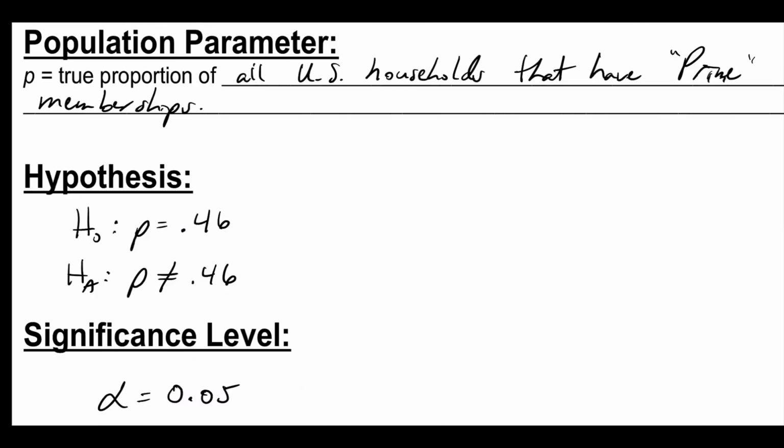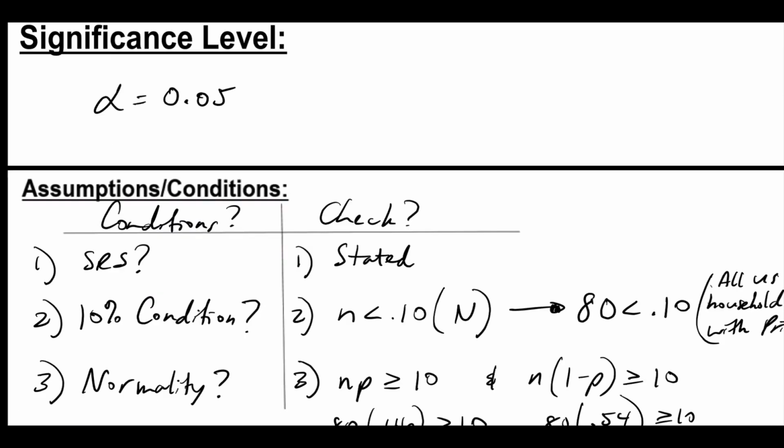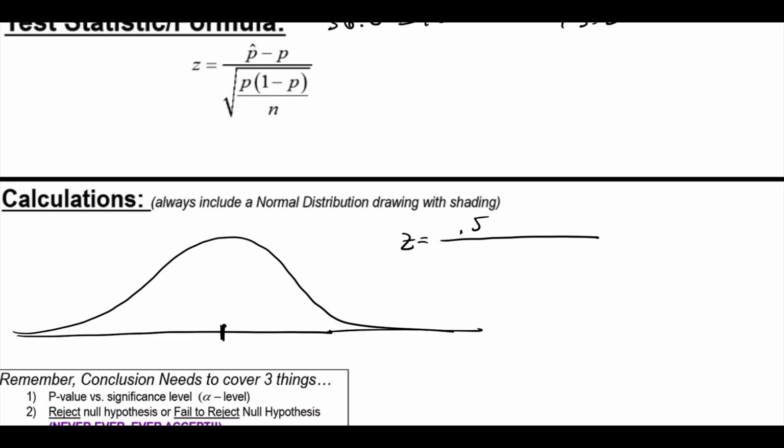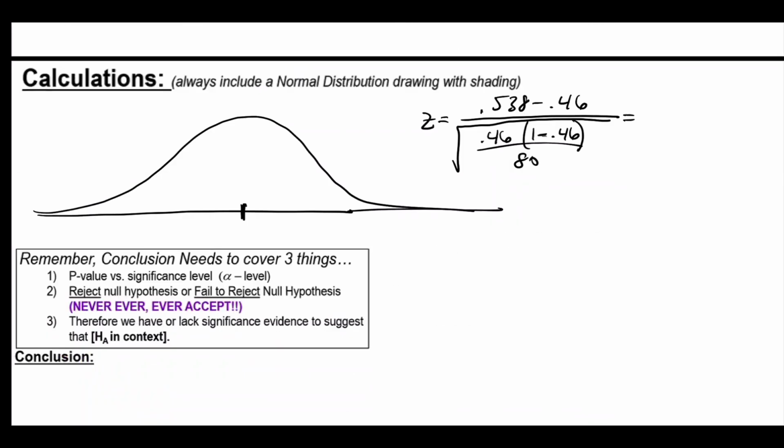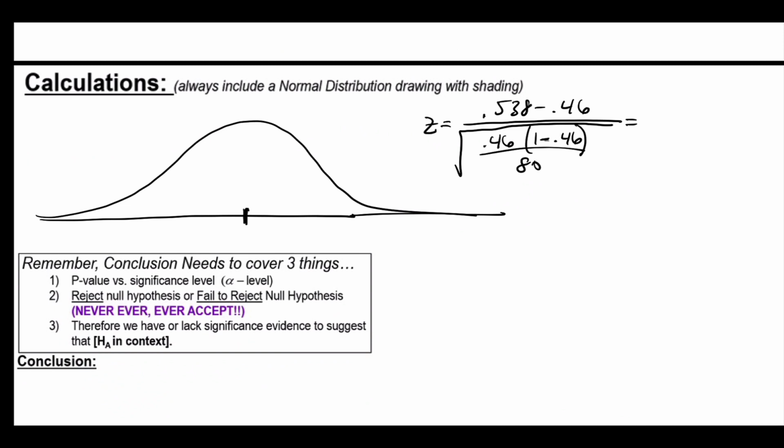So what was p hat? p hat was 0.538 minus 0.46, and then 0.46, 1 minus 0.46, n is 80. Okay. What's the center of our curve? 0.46. Always going to be p.